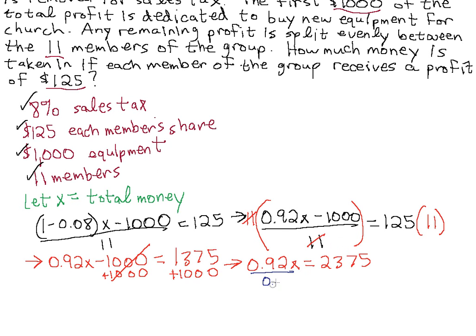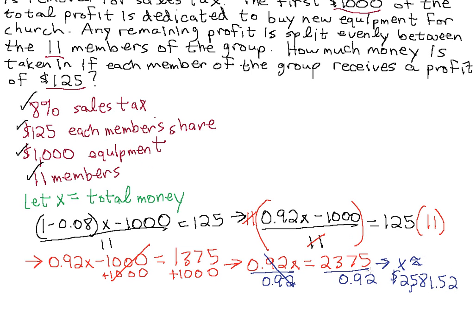We divide by the coefficient to cancel it out, and do the same thing on the other side. That cancels. So x equals 2375 over 0.92. Using a calculator here, it's going to give us $2,581.52. And this is actually an approximation. It's rounded to the nearest penny.